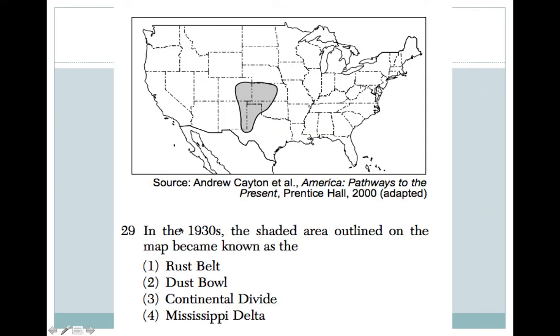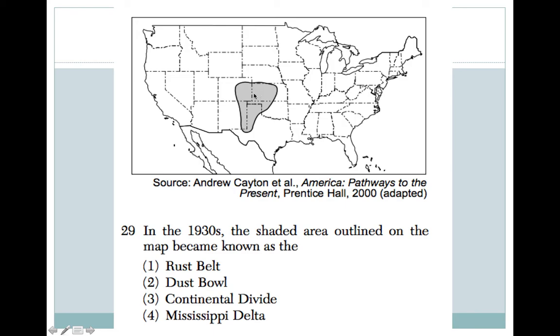Next question. Another one where I want to show you how they can bring in geography, not just in the beginning of the test with the colonies, but they can bring it in future content. And this is during the Great Depression. So in the 1930s, during the Great Depression, the shaded area outlined on the map became known as, so we know that over here is the Rocky Mountains and the Great Plains.